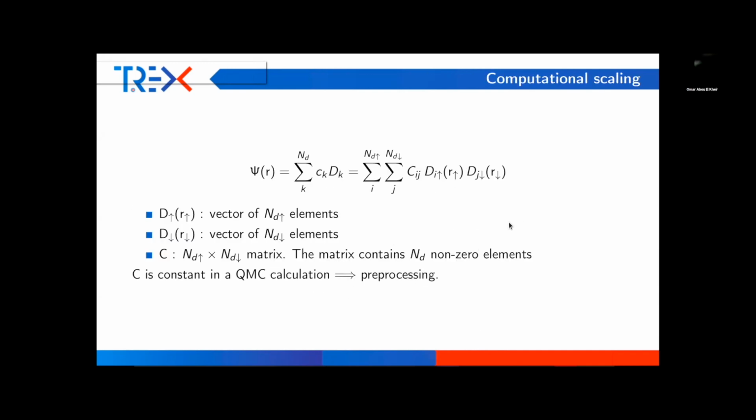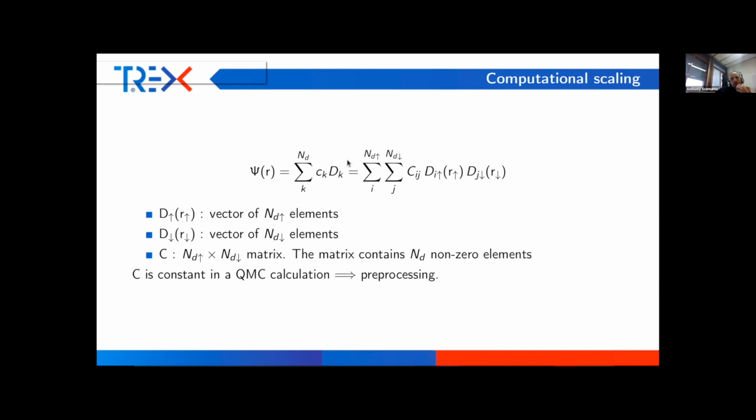The important point also is that when you write your wave function in the CI expansion, usually here D represents a Slater determinant, a determinant with all electrons inside, alpha and beta. And I told you at the very beginning that the Slater determinants could be expressed as a product of an alpha determinant and a beta determinant.